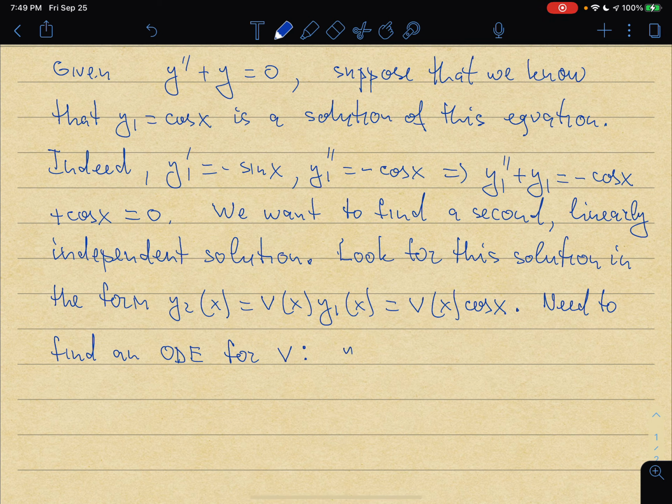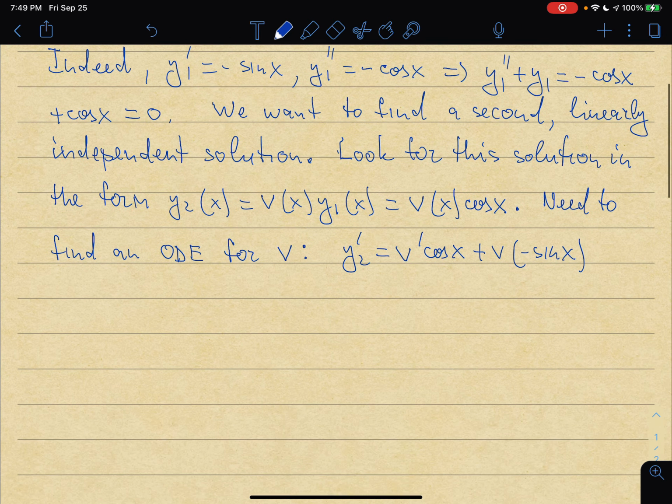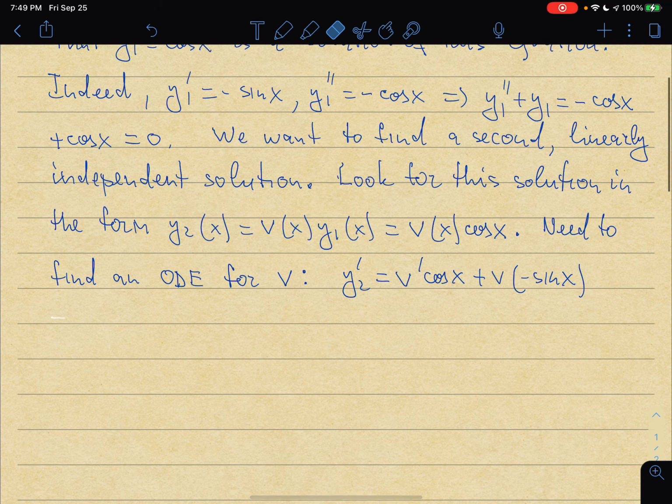So y2 prime is going to be, by the product rule, v prime times cosine x plus v times minus sine x. So y2 prime is v prime cosine x minus v sine x.